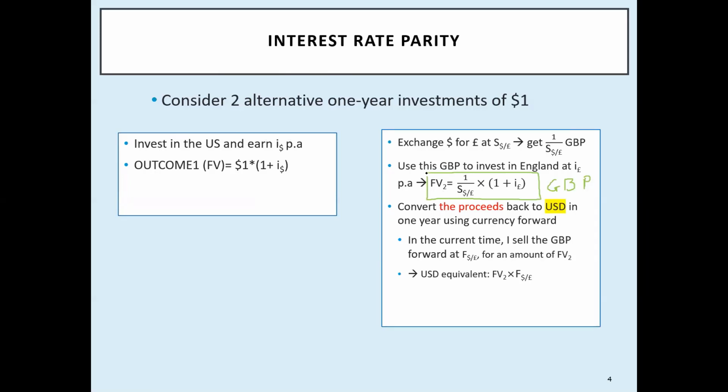In this case, I'm expecting to receive the pounds after 1 year. So if I want to hedge my currency exposure, do I want to enter into a long forward or a short forward? In other words, do I want to sell the pounds forward or buy the pounds forward?